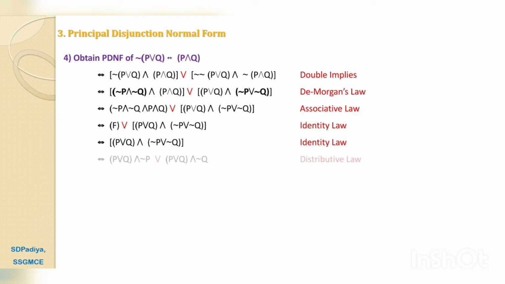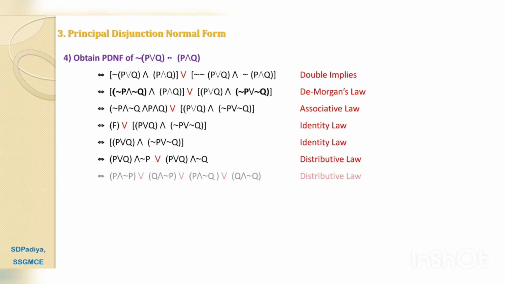Here we are using the distributive law to distribute the first bracket P or Q over the elements of second bracket not P or not Q. Therefore it is logically equivalent to P or Q and not P, or P or Q and not Q.